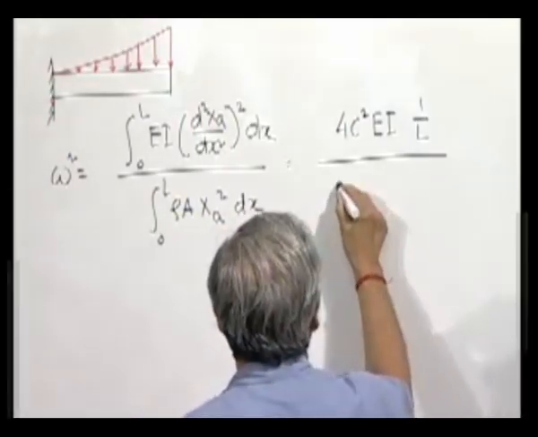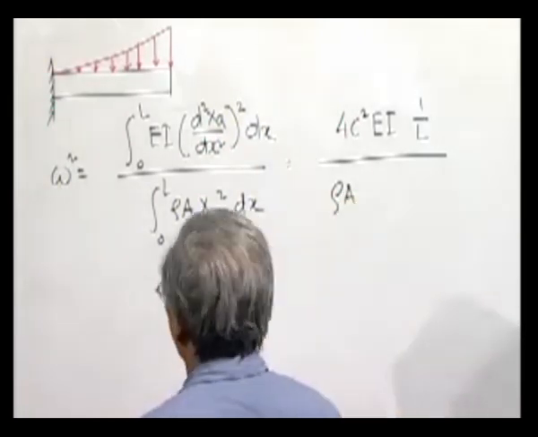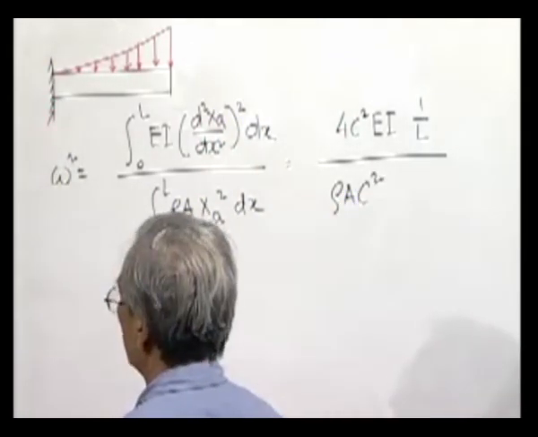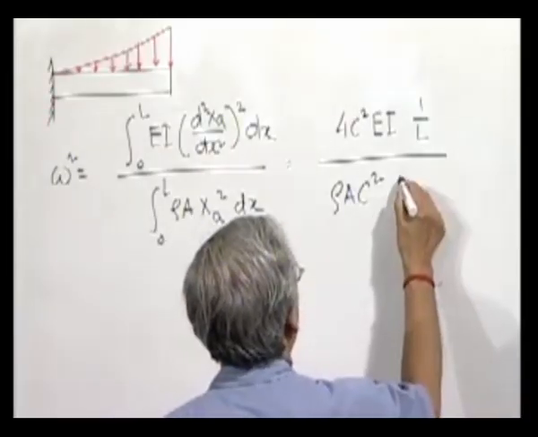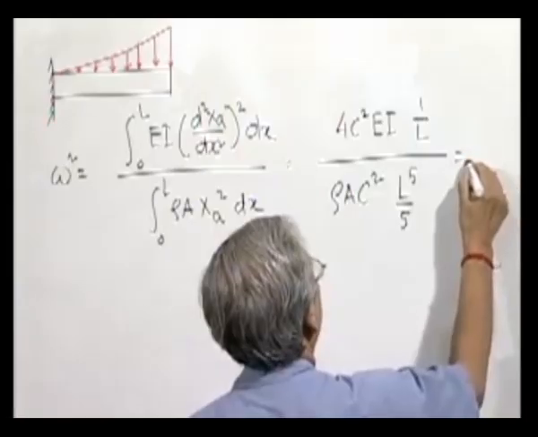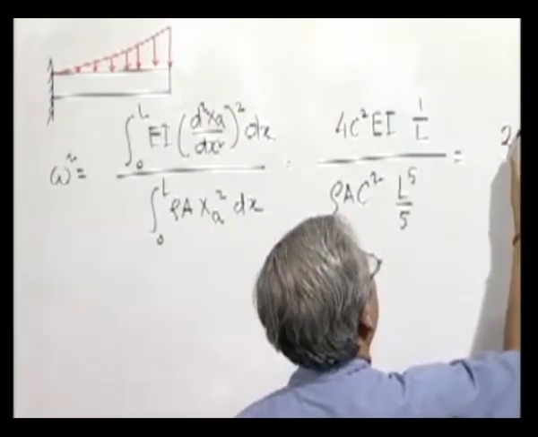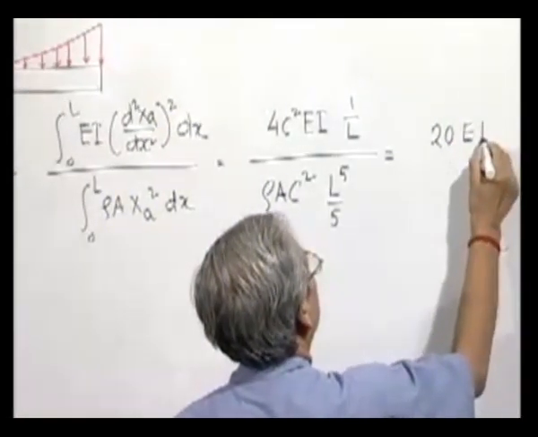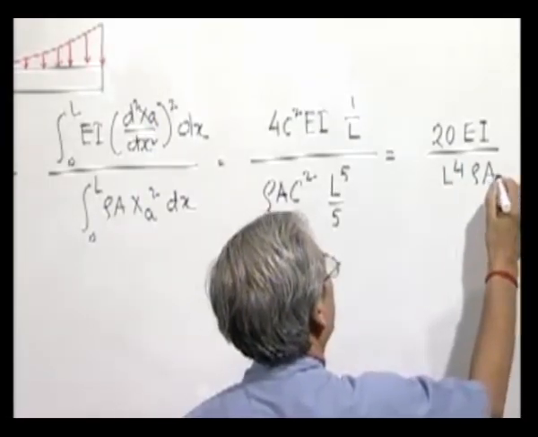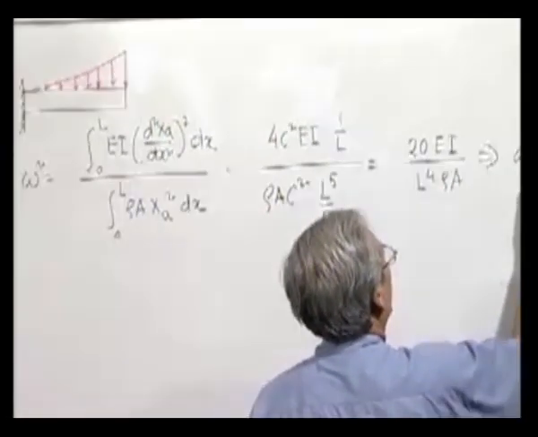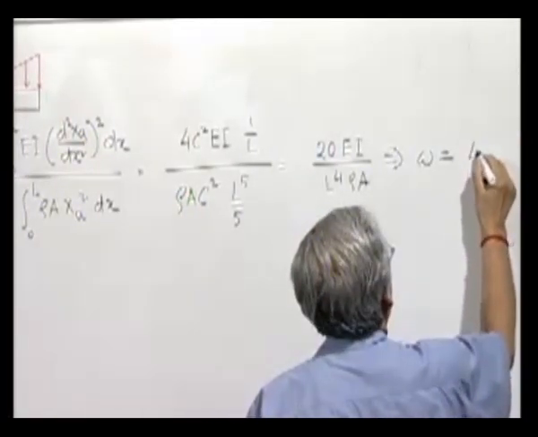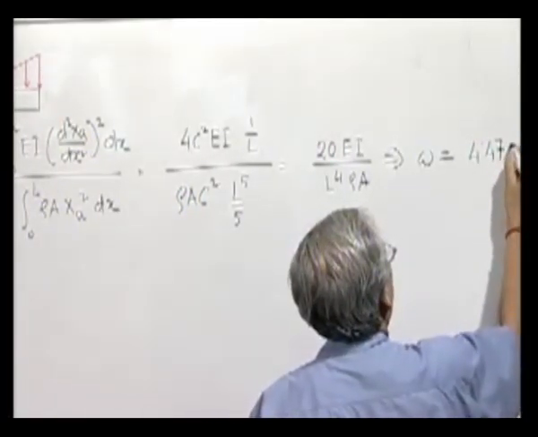Rho a x square, that is c² x to the power 4, if you integrate it will be simply L to the power 5 by 5. So that is 20 EI by L⁴ rho a, or omega is approximately square root of 20, which is 4.47.